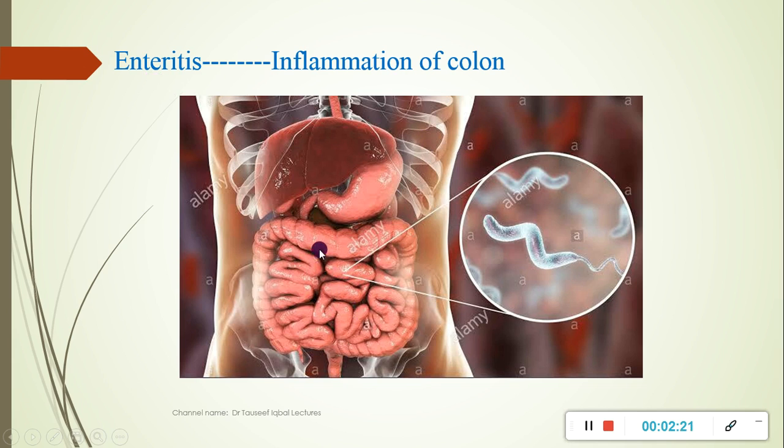So intestine basically consists of two parts. One is small intestine and other is large intestine. So small intestine consists of duodenum, jejunum and ileum, while large intestine consists of cecum, colon and rectum. So colon is the part of large intestine.